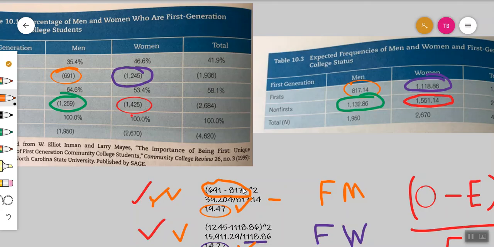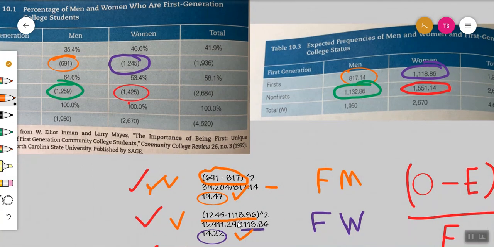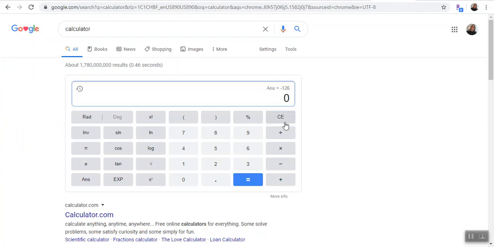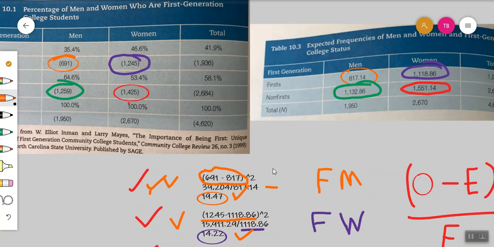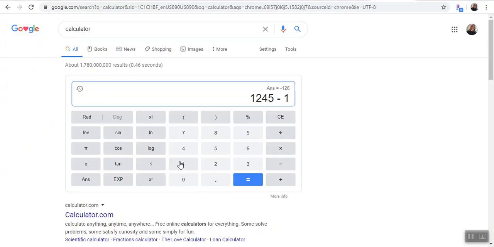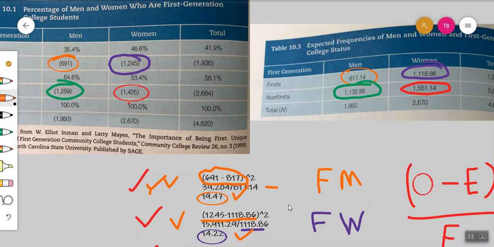Let's do this one over here. This is for first generation women, 1245 minus 1118.86 equals 126.